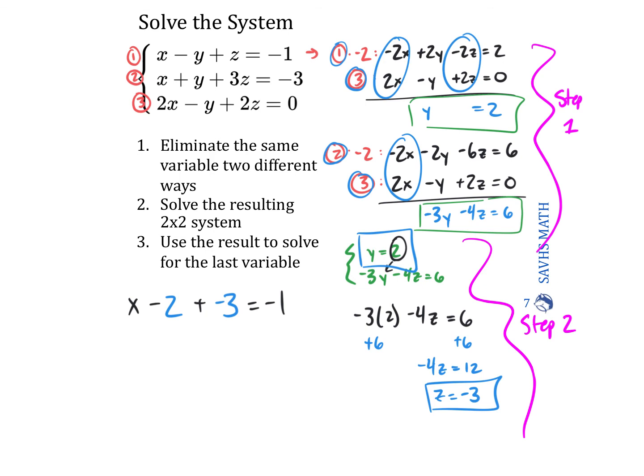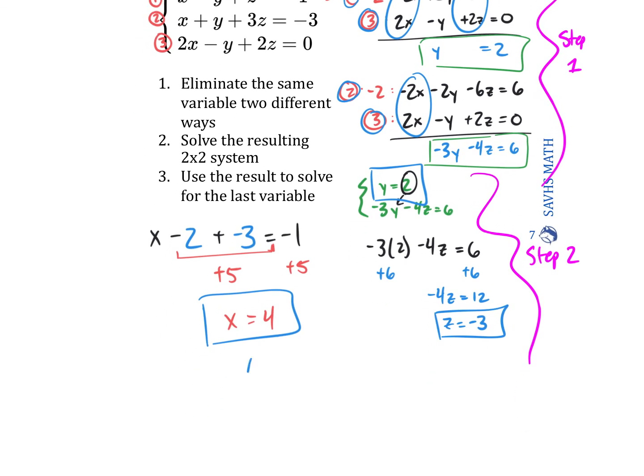So negative 2 minus 3, this part is negative 5, so I'm going to add 5 to both sides. I just want to make sure that's not a division symbol. Okay, add 5 to both sides, I get x equals 4. So there's my answer. My final answer, though, I need to write as a coordinate x, y, and z, and that would be 4, 2, -3. And there we go.